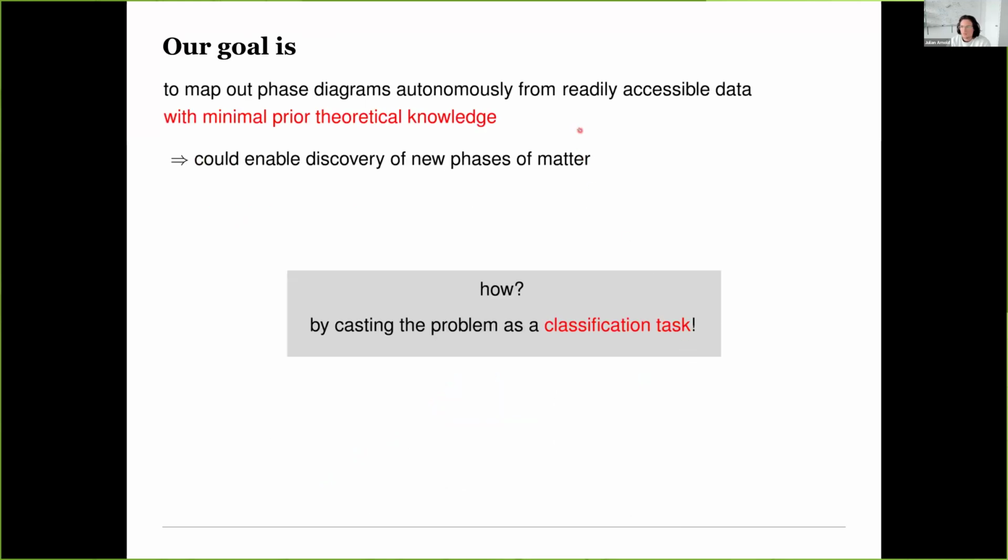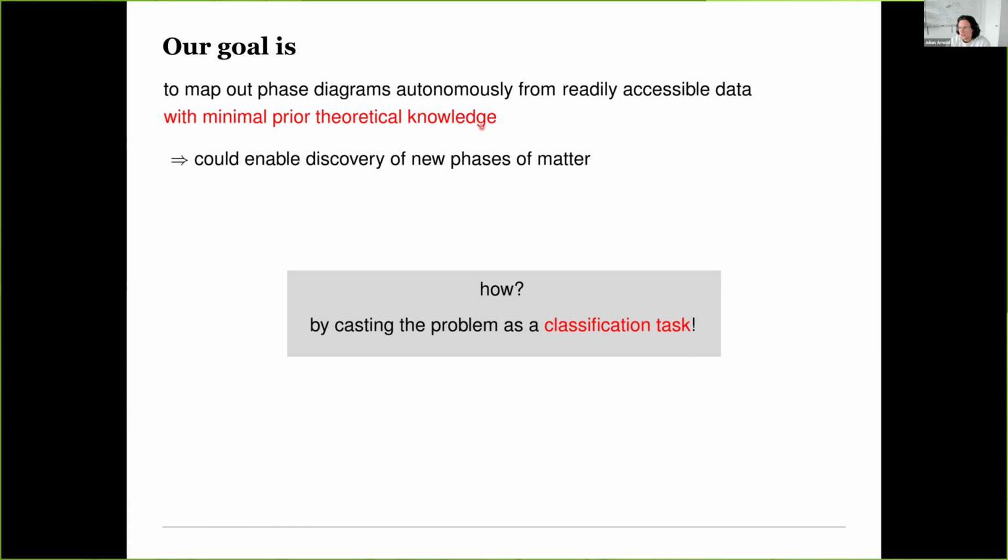Now, our goal is to map out phase diagrams autonomously from readily accessible data, be it from numerical simulations or experiments. So really replacing the physicist in that process. And we want to do this with minimal prior theoretical knowledge. For example, we don't really want to rely on knowing the nature of the phases that are at play.